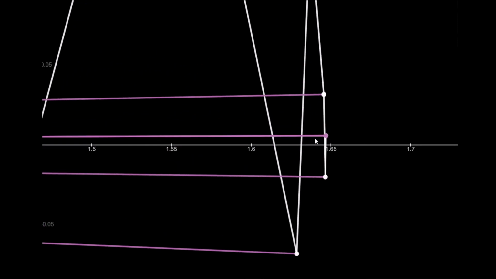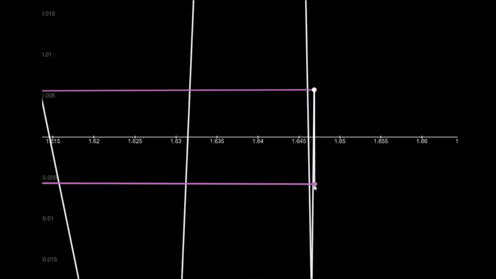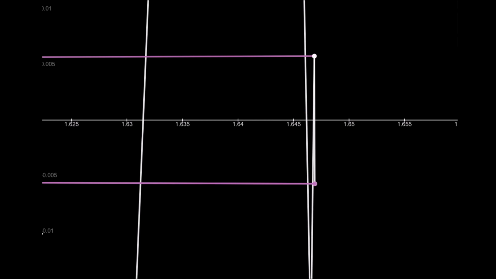And as we zoom in, you see we're getting closer and closer to the value for y equal to 0. We can see the y height here is now positive, so we're going to have to rotate this. And we've rotated it, and the value is now negative, so again we're going to have to rotate it in the positive direction.